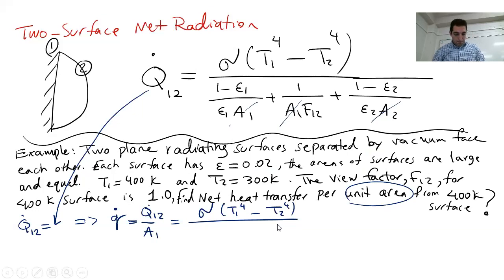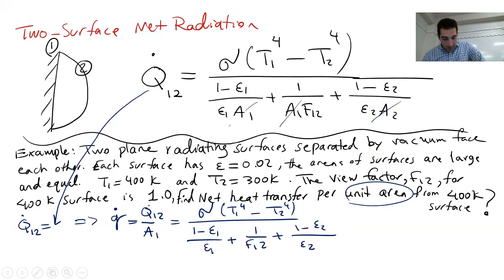On the denominator, I have (1 minus epsilon 1) divided by epsilon 1, plus 1 over F12, plus (1 minus epsilon 2) divided by epsilon 2. By the way, what is F12? It's given as 1, so this is just simply 1.